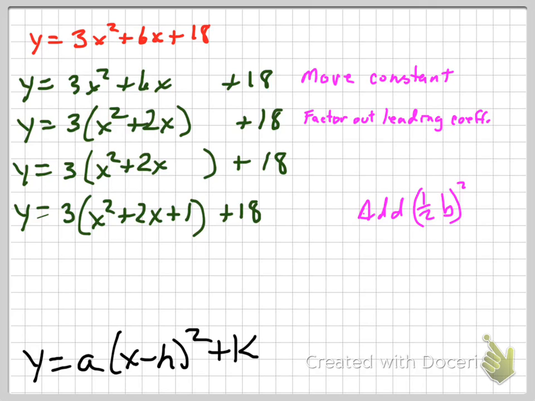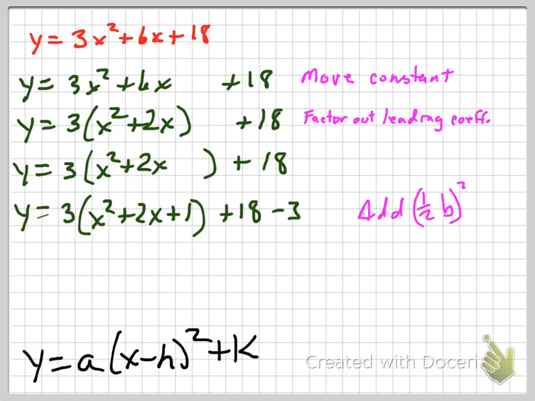What is it really? It's really a 3. Because if I distribute that 3 through the parentheses, that exposes the 1 for what it really is. So what I'm going to subtract out by the 18 is 3.